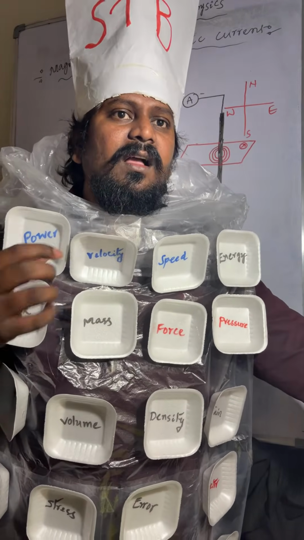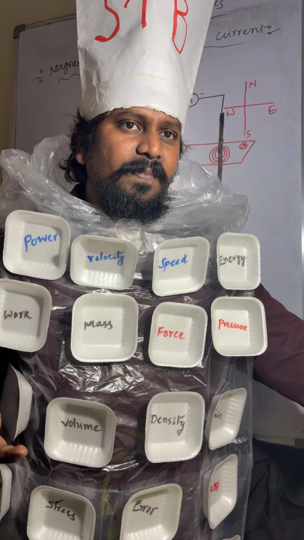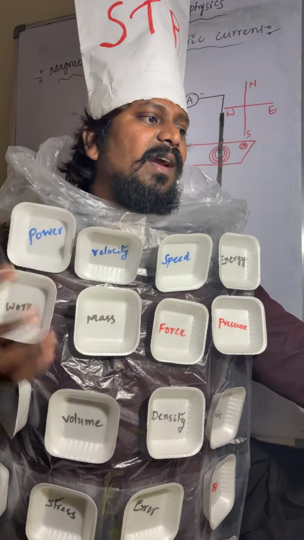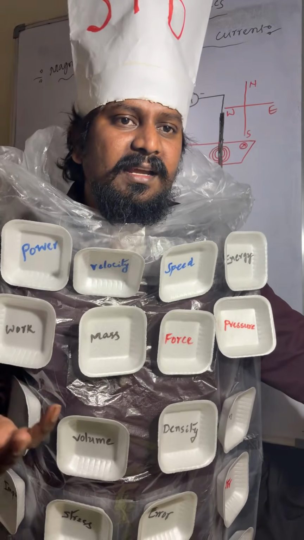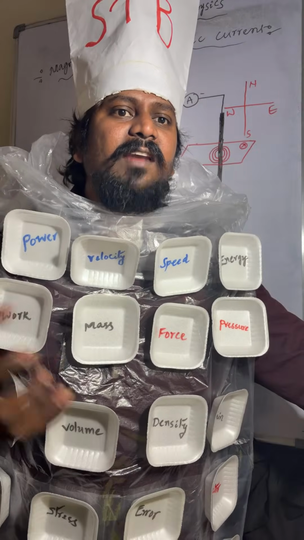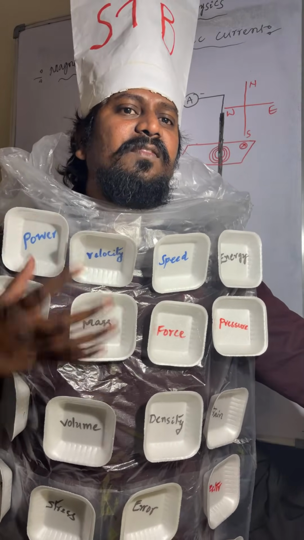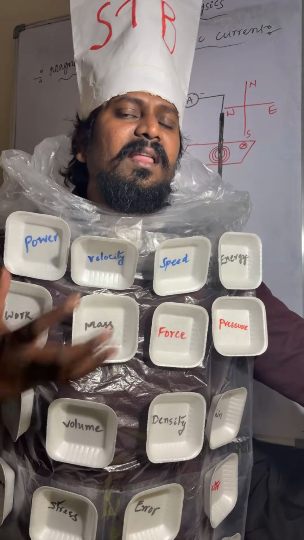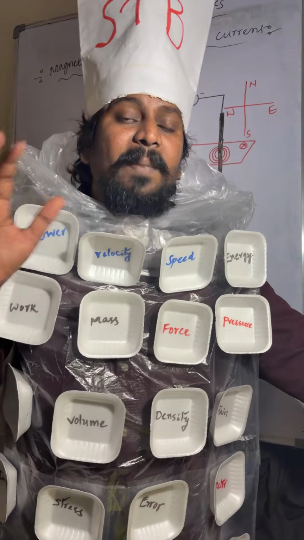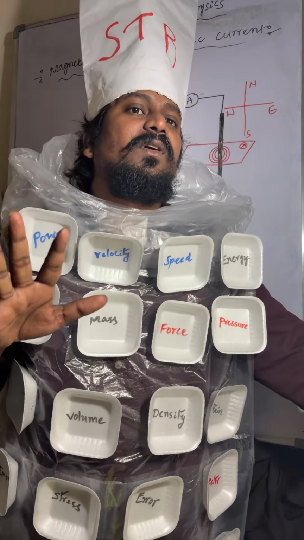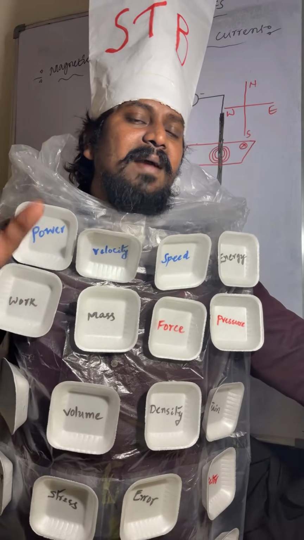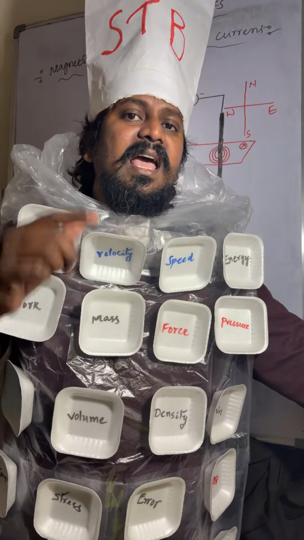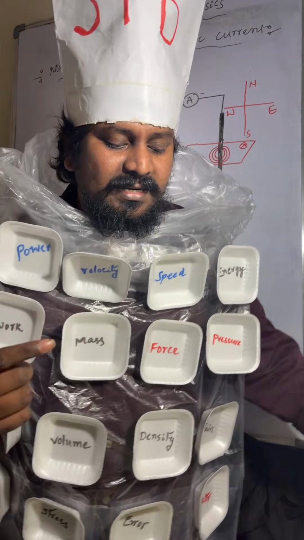How can we identify the magnetic field direction around a current carrying conductor? By using the right hand thumb rule.